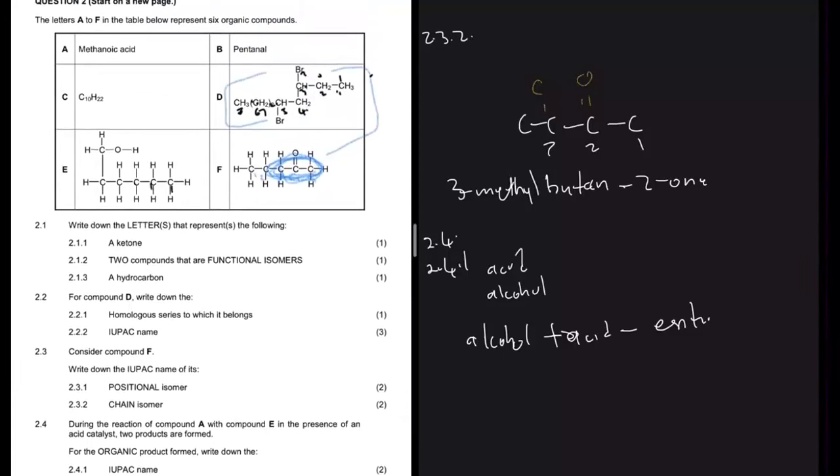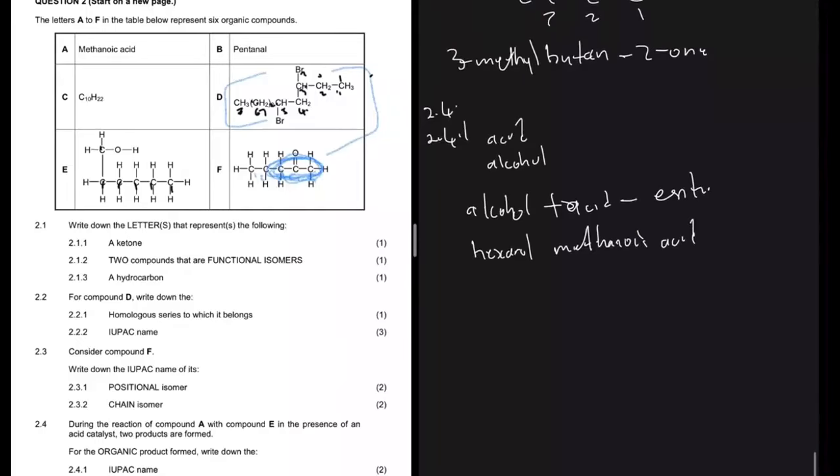The alcohol in this instance, 1, 2, 3, 4, 5, 6, is hexanol, right? So we have hexanol for the alcohol, and then for the acid we have methanoic acid. If you mix these two and you form an ester, this is how you write the name.